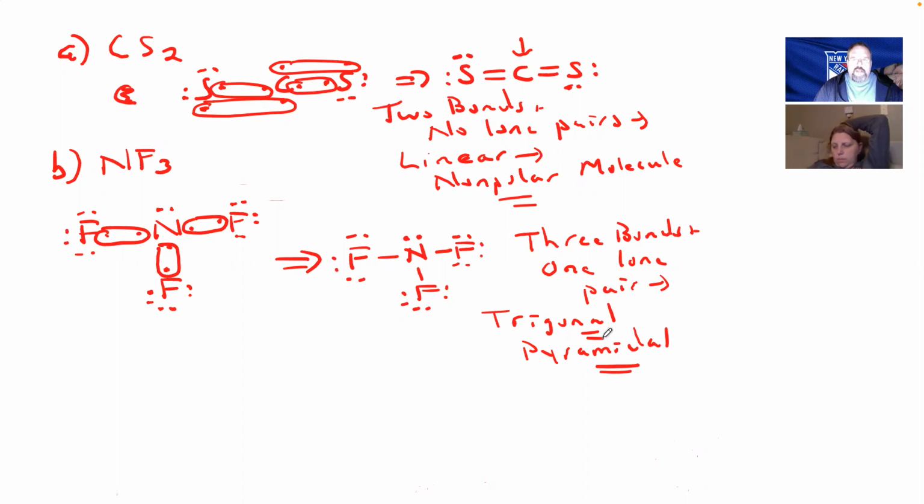And because the shape is trigonal pyramidal, that leads us to that this is a polar molecule. The electronegativity difference between each of these is not 0. So because of the shape, we have a polar molecule. Okay.